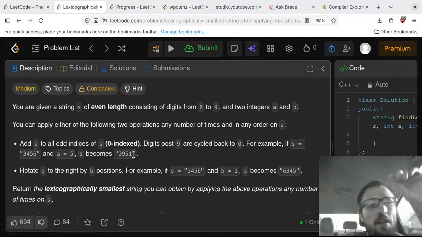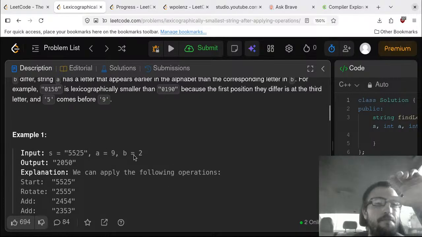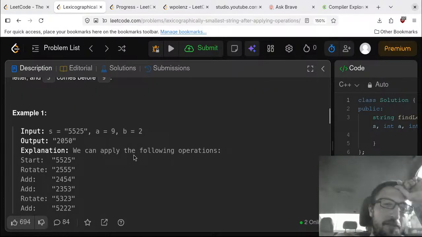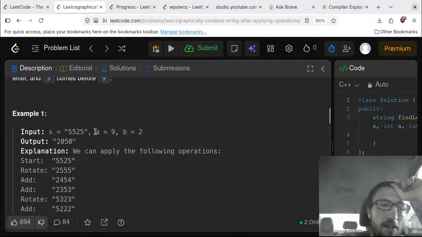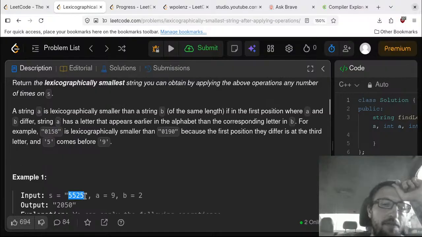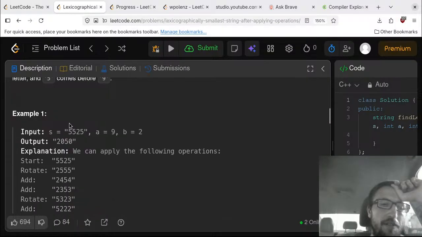Let's see some examples. So 5525, A is 9, B is 2. So I could add 9 several times. Now, the problem with this is that you're going to add it several times to all of the odd index positions. So let's see.